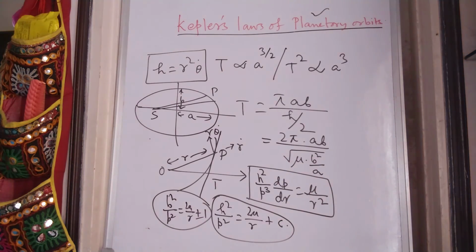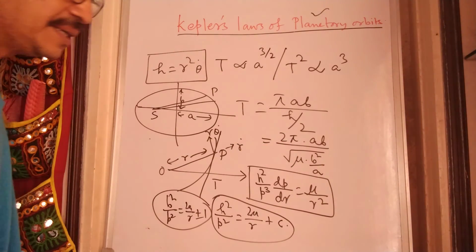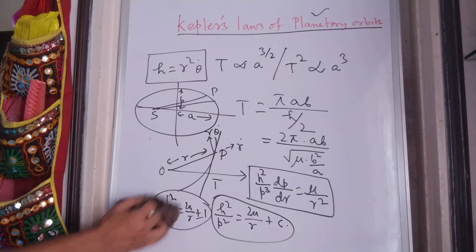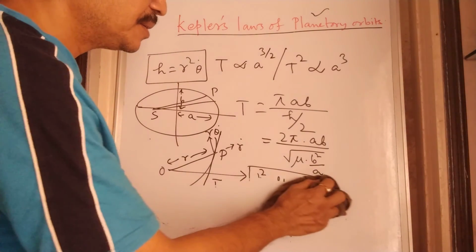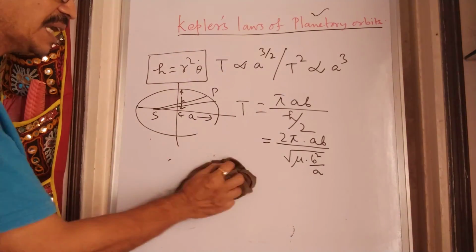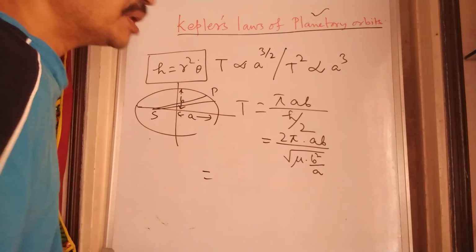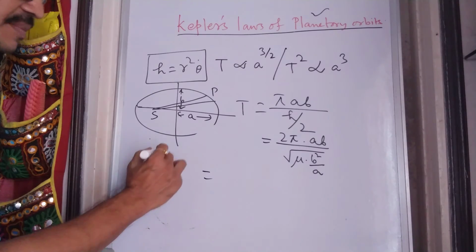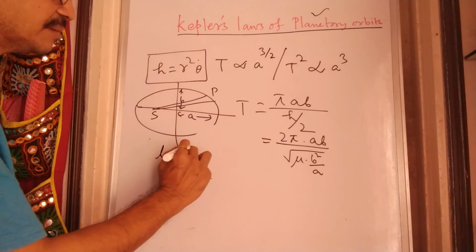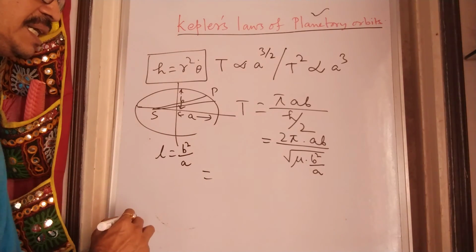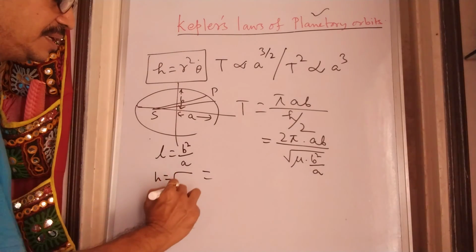So h is root over mu b square by a, and L is the semi-latus rectum, b square by a, so h is actually root mu L.